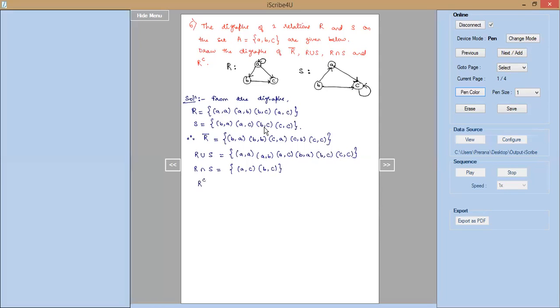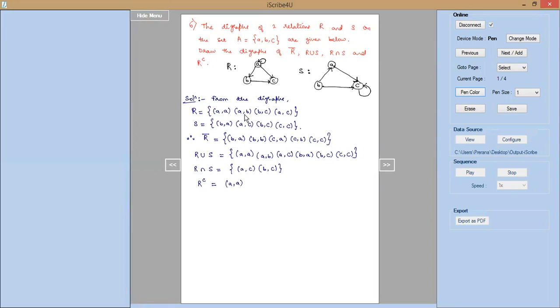Finally, R converse. Let us recall the definition of the converse of a relation. It says that if an element A comma B belongs to the relation R, then B comma A belongs to its converse. A comma A belongs to R, so A comma A belongs to R converse.